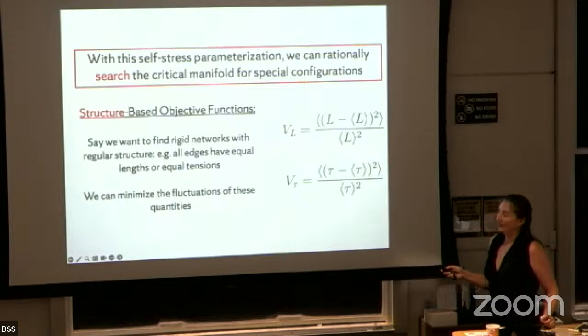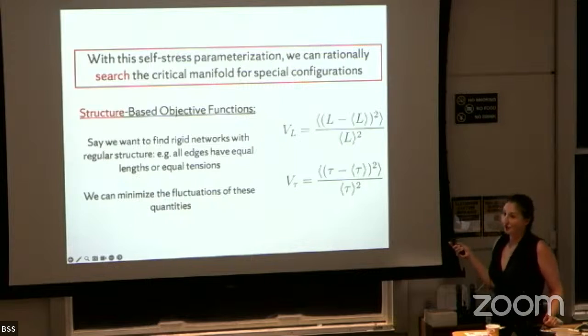Now we're going to do that for a couple of examples. I'm going to show you pictures. With this self-stress parameterization, I can search the critical manifold for states that optimize anything I can write in terms of lengths.